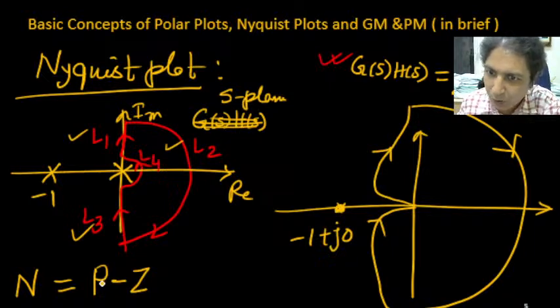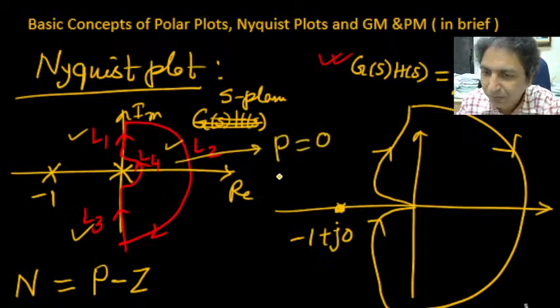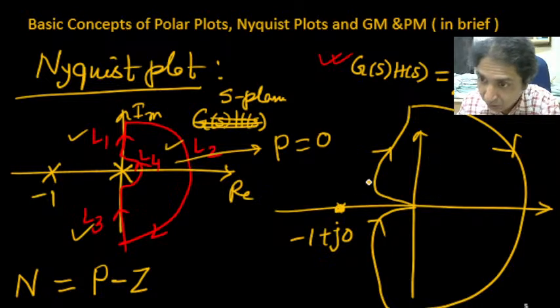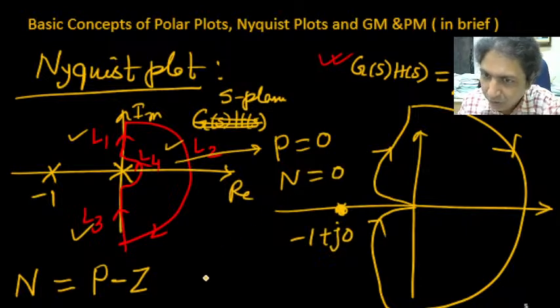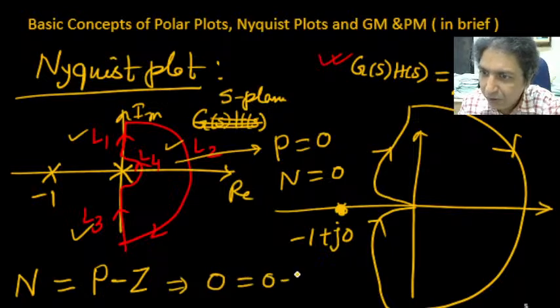P is the number of open loop poles. In this case you see there is no pole on the right, so P equals 0. And N, how many times will it enclose? No time, it is outside, so N equals 0. So you replace these, N equals 0, P equals 0, and you will find Z. If Z equals 0, then only it is stable.